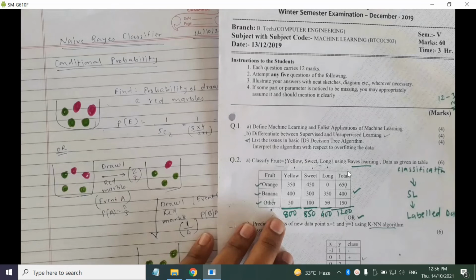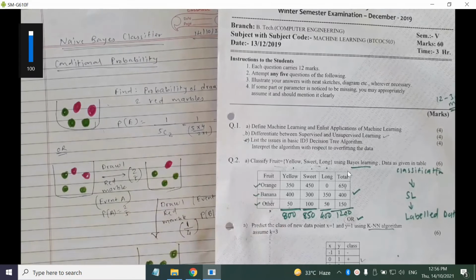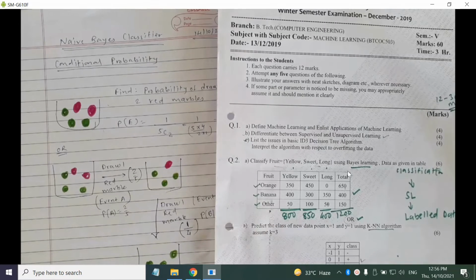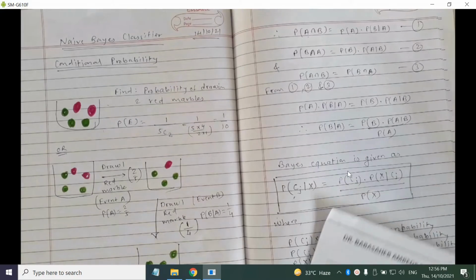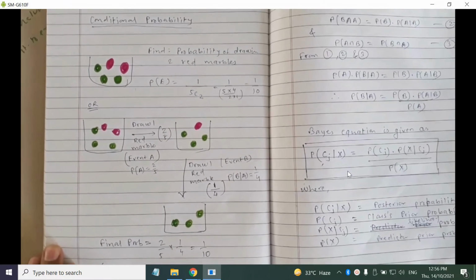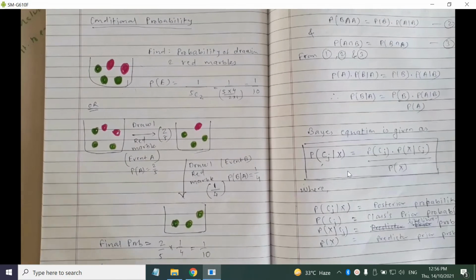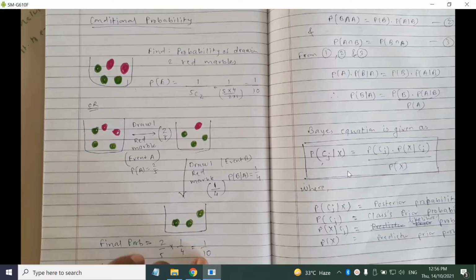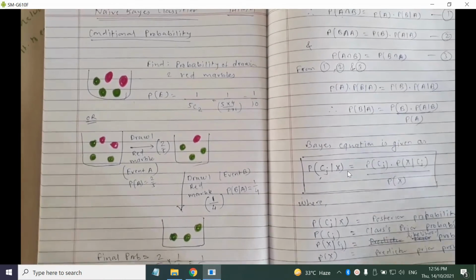Is it going to be a number or anything else? Swati, have you understood this derivation that I have done? Yes, sir.